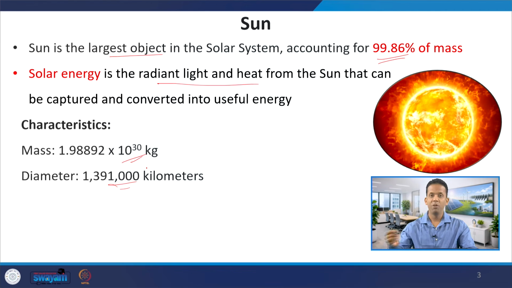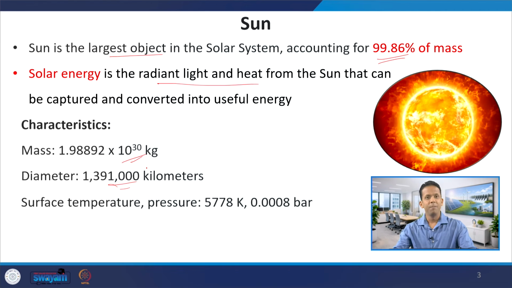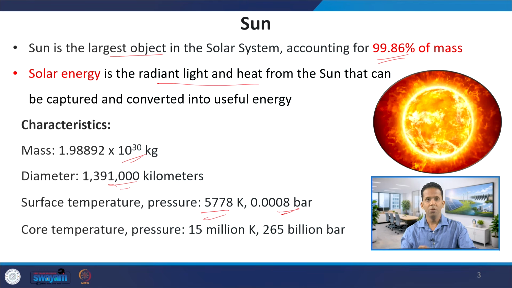Diameter is about 1.3 million kilometers, and the surface temperature is 5700 Kelvin, and pressure is 0.0008 bar. But at the core, temperature and pressure are millions of Kelvin and billions of bar, as we had studied earlier. It is at this high temperature and pressure that we have the reaction of nuclear fusion.